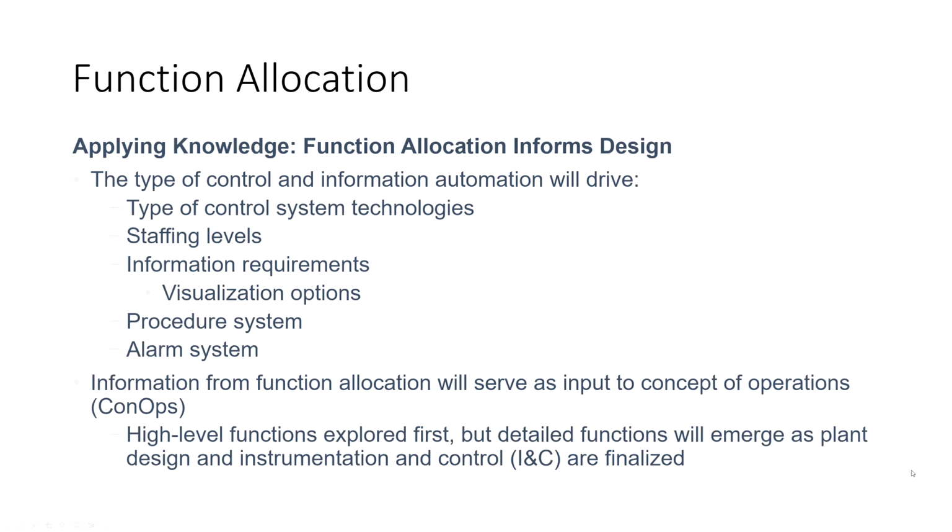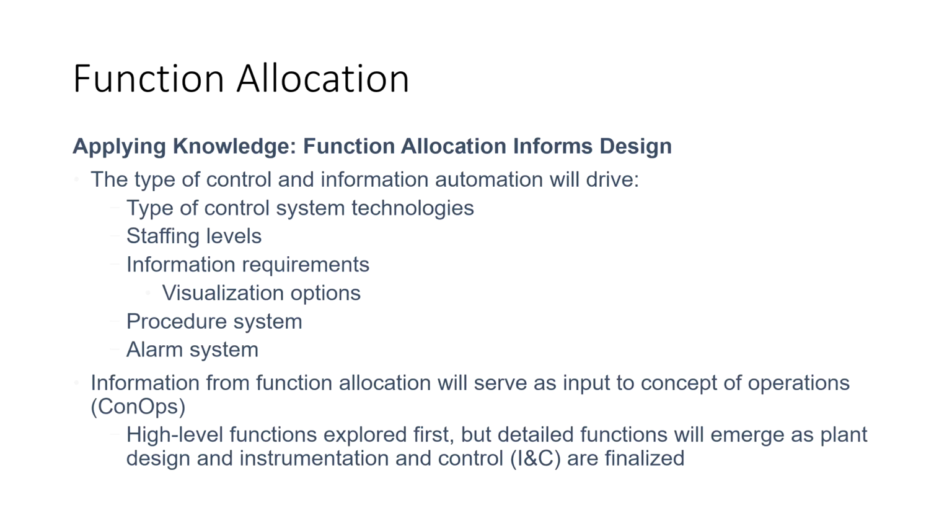Then we apply the knowledge. So it ends up informing design pretty heavily. The type of control and information automation will drive what type of control system you use, staffing levels, different informational requirements, visualizations maybe, or dashboards, your procedures, and your alarms. Information from function allocation can serve as an input to concepts of operation.